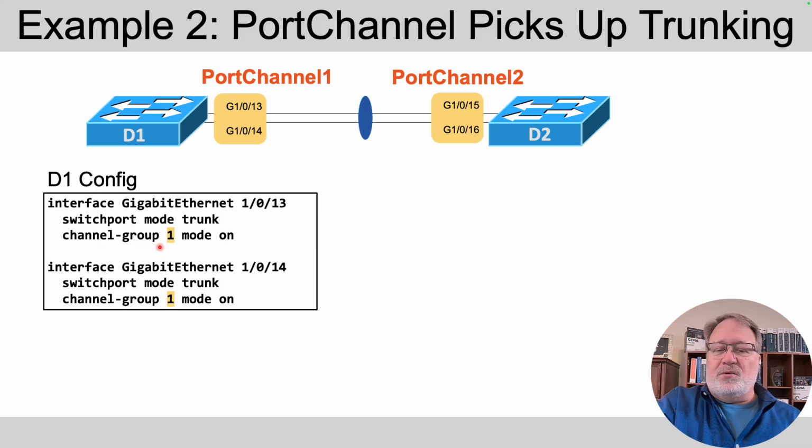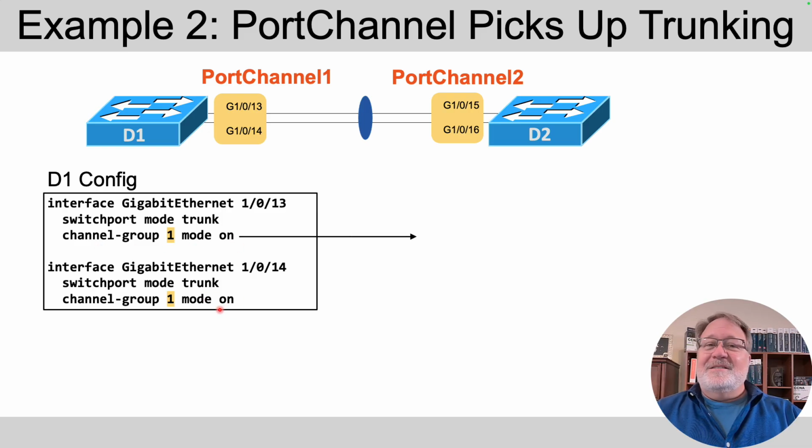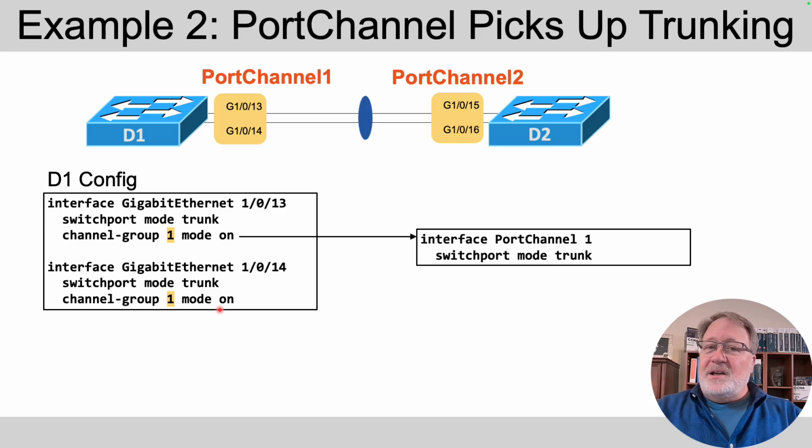We configured the channel group 1 command with mode on to say statically trunk. The switch automatically creates the port channel interface, but notice it even copies over the subcommand from the physical interfaces when it creates the port channel interface. It indeed would do that. That's something you could experiment with in lab even, and I encourage you to do so.